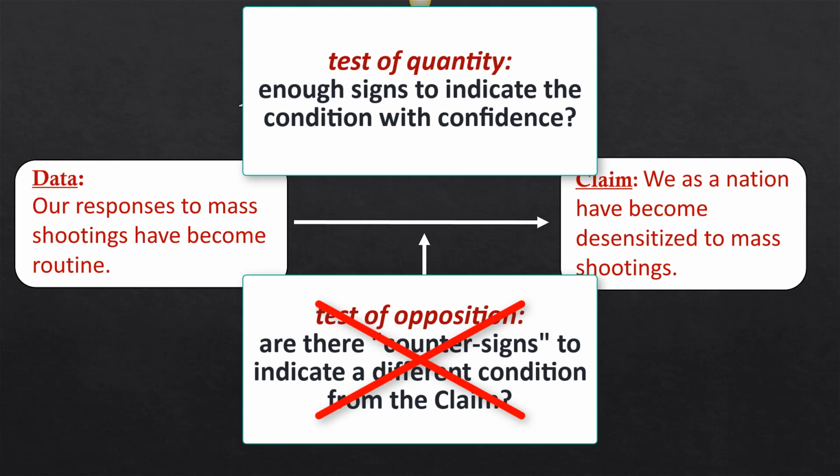Now, that doesn't mean that more extreme reactions aren't taking place. If through some contextual research you were to discover that, in fact, there are lots of indications that people are not numb and desensitized, but are outraged and grief-stricken and demanding that things be done, that's going to take some more contextual information.